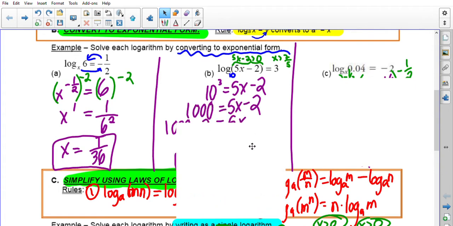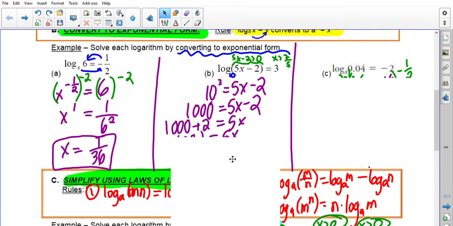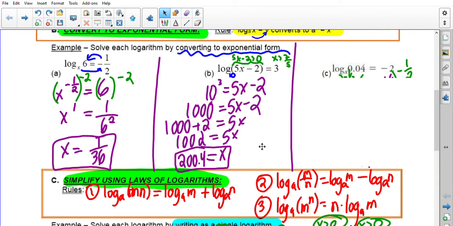We know 10 to the 3 is 1,000, so 1,000 equals 5x minus 2. Now we are solving a linear equation. So we bring the plus 2: 5x equals 1,002. Divide both sides by 5, and we get that x is equal to 200.4. And that works because it is definitely greater than 2 over 5.